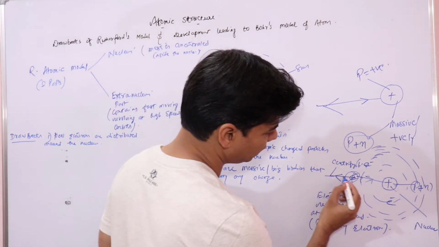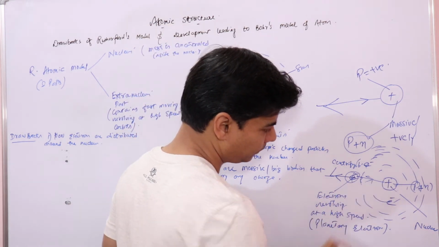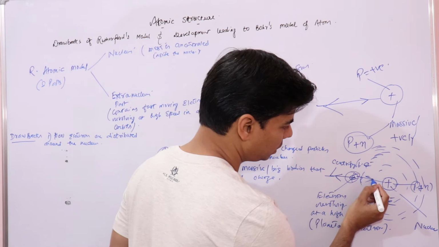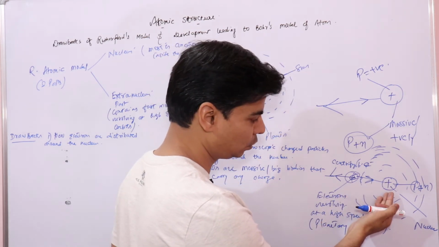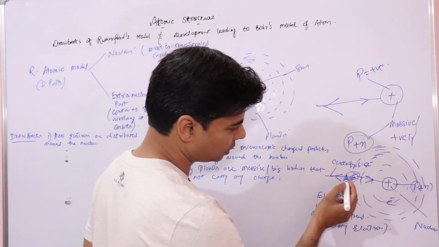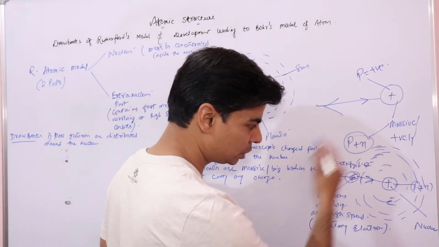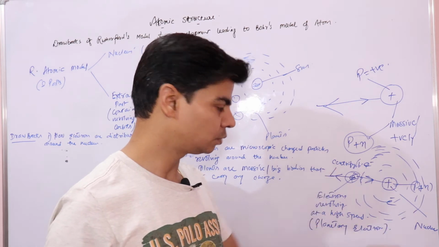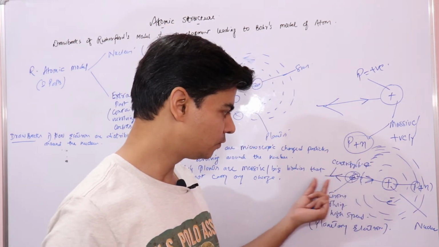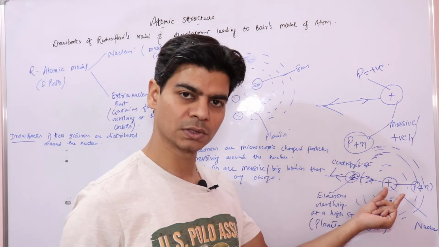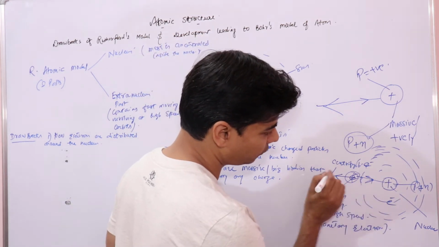There is one force that is acting inward, due to attraction between the electrons and the positively charged nucleus, and there is an equal and opposite force due to the revolution of this electron around the nucleus, which is called the centrifugal force. So this centrifugal force is balancing this inward force.